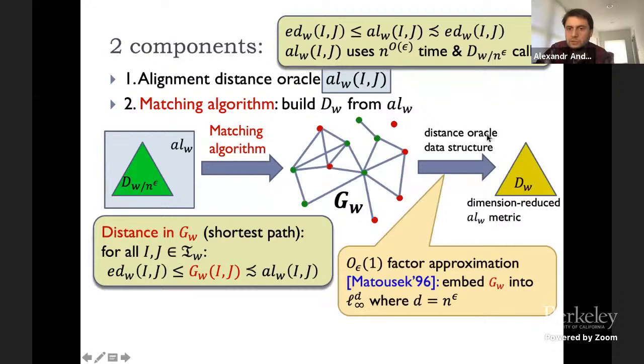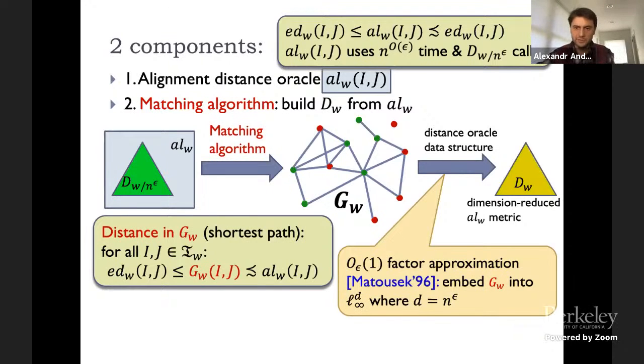It is okay to use any distance oracle data structure, with the only caveat that the output of the data structure must be a metric, because we'll continue doing this in the next iterations. We need to make sure that we approximated the distance by something which is a metric, because we'll be using the triangle inequality again.